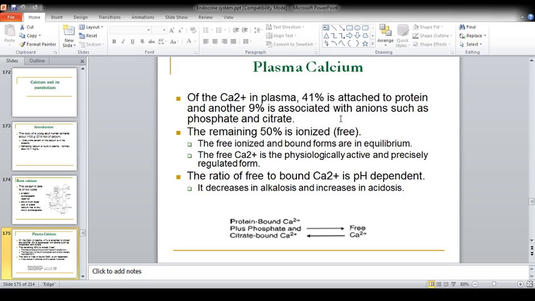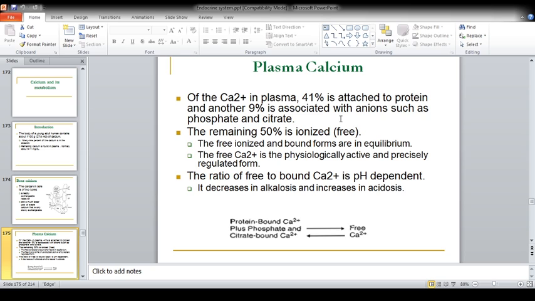The free calcium is the physiologically active and precisely regulated form of the calcium. This is the main calcium responsible for many of the body processes, and this is the calcium whose level, if decreased or increased, would activate the parathyroid hormone calcitonin system.